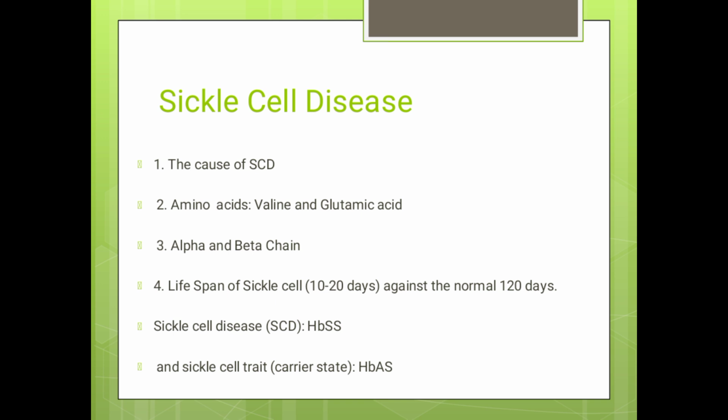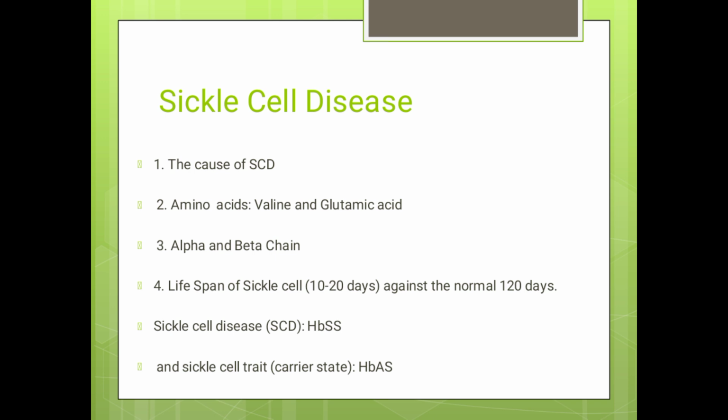The hemoglobin, which is found within the red blood cells, has two beta chains and two alpha chains. In sickle cell disease, the alpha chains are not the cause, but the beta chains. What happens to the beta chains?